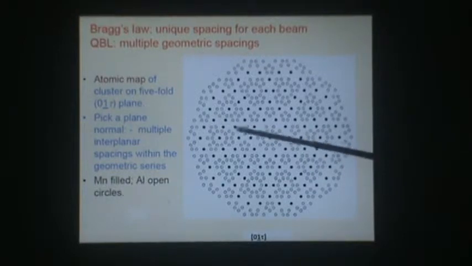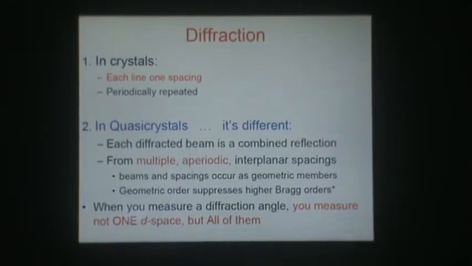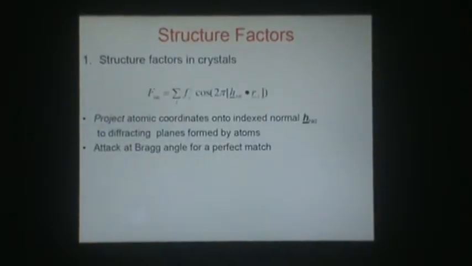In fact, that whole series of spacings that we saw before in the geometric series. What you measure with a quasi-Bragg peak is not an interplanar spacing, but a set of interplanar spacings. When you measure a diffraction angle, you measure not 1D space, but all of them.